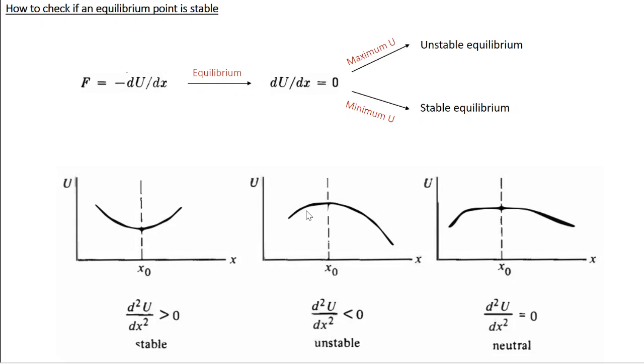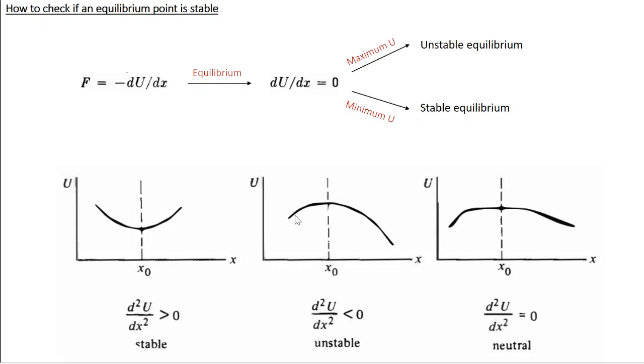On the other hand, if you take an energy hill, once again at this position du by dx equals 0. Now you take the change in slope, d square u by dx square. On the left hand side, you can see this is an increasing slope or a positive slope. At x0 you have slope being 0, and on the right side you have a decreasing slope, a negative slope.